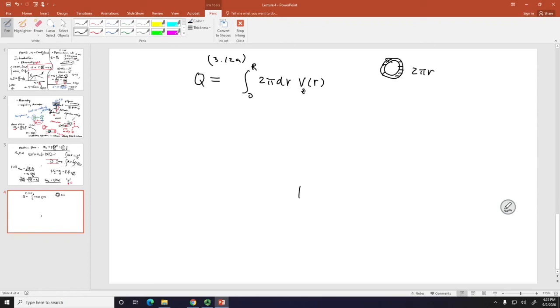That's 2 pi r, the circumference. The thickness is dr, and the material coming out is v at that r. So that's an elemental part of the material coming out that you integrate. You get the final result. Very easy. This is the final result I need you to remember.